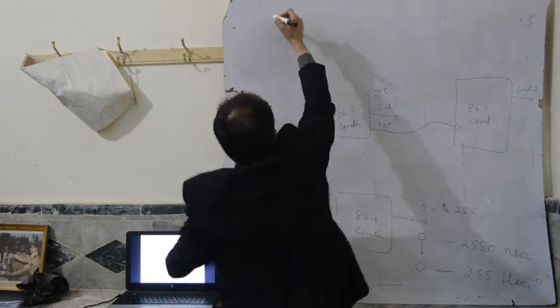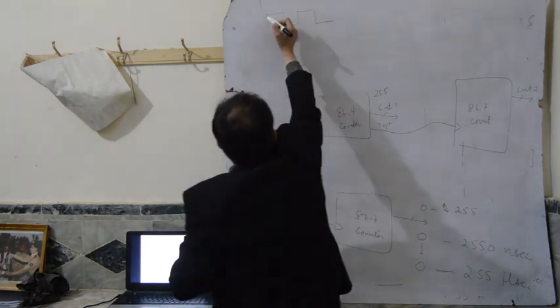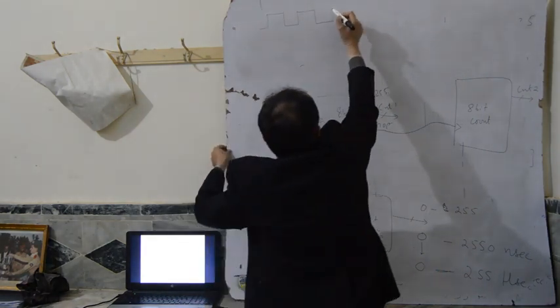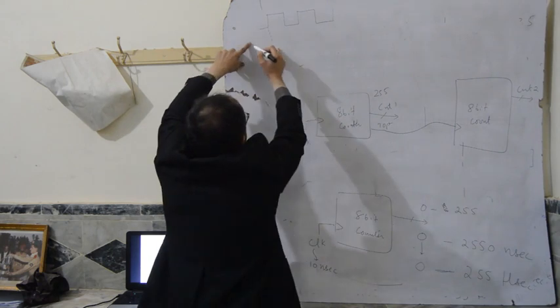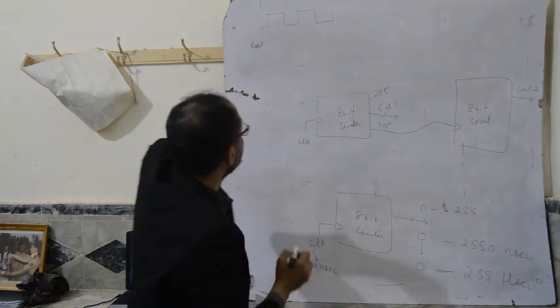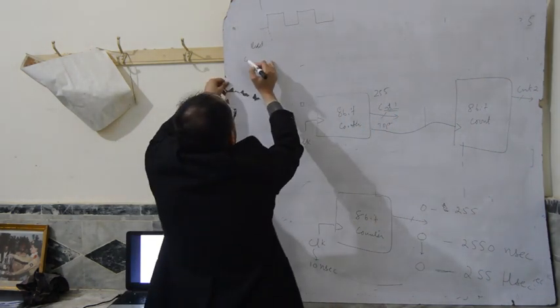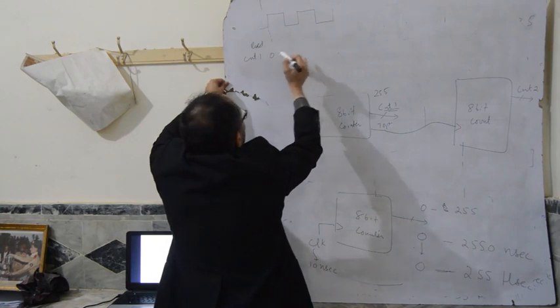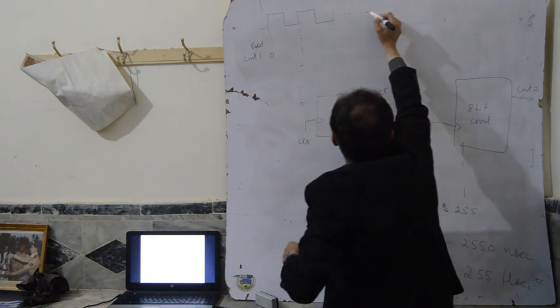Let's assume this is the clock, and this is the first counter, which is reset. To count 1, this will be the value of count 1. Count 1 will be 0, and at this point, count 1 will be 1, and so on.